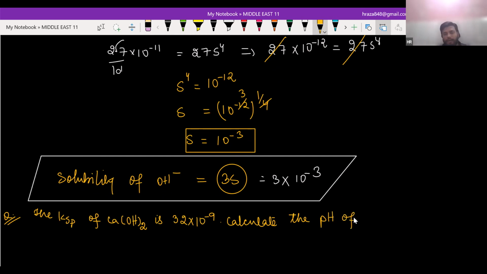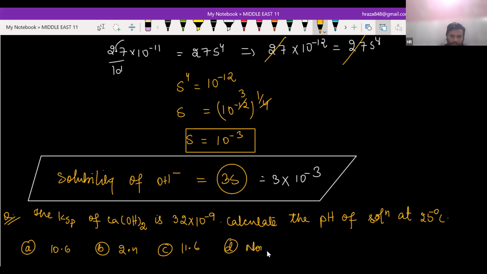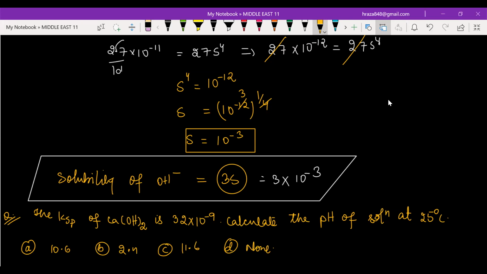Now see the question, how it connected pH and solubility. Let me know if you are done with this.